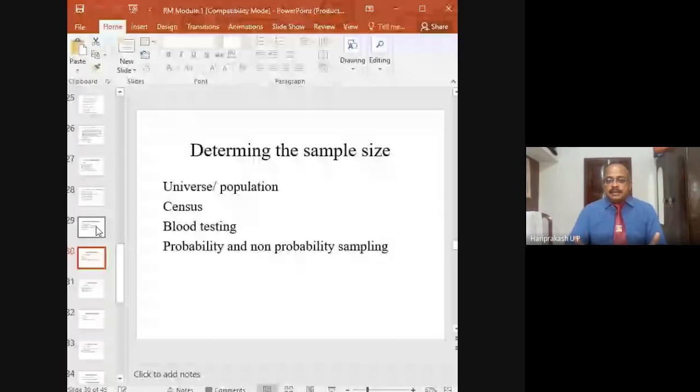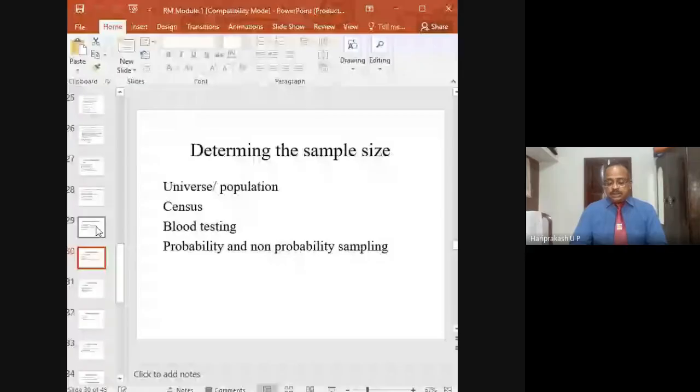In this case, Samsung mobile phone users becomes the population for this particular study, or it is called the universe. So universe or population refers to all the customers of Samsung phones in the context of research if you are doing it on Samsung phones.